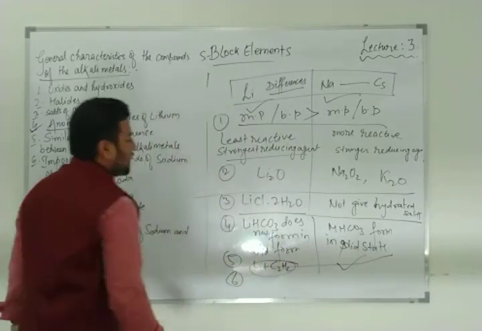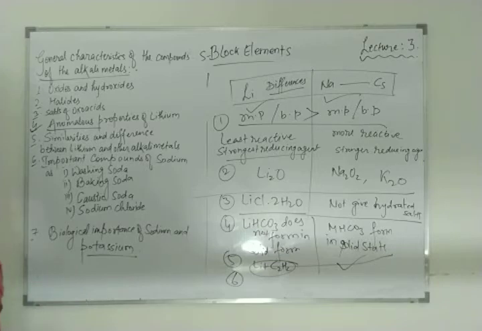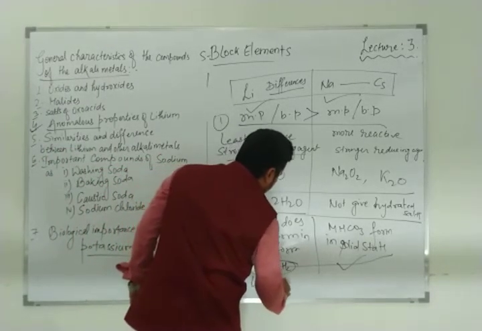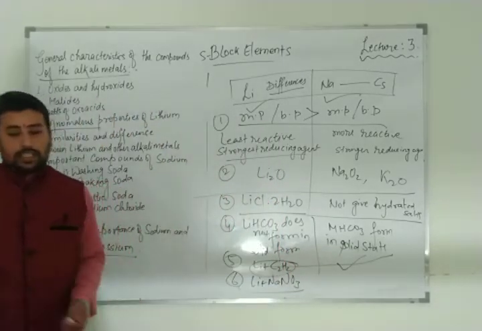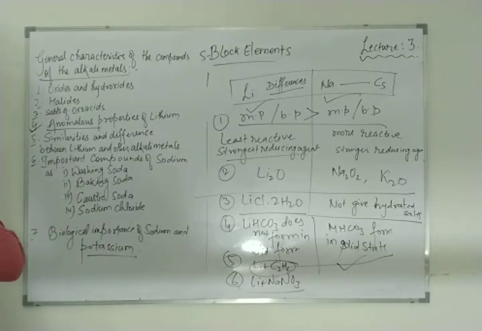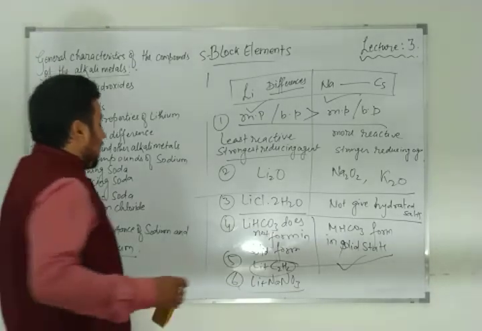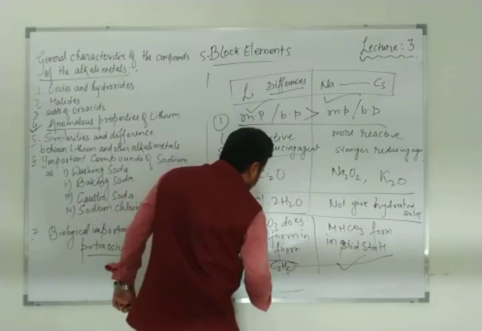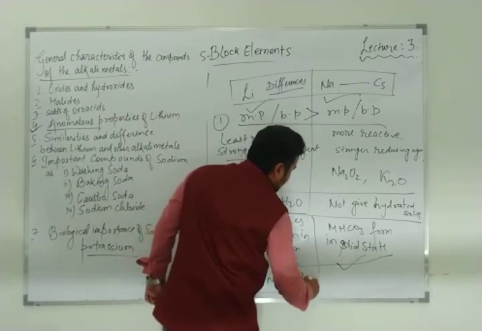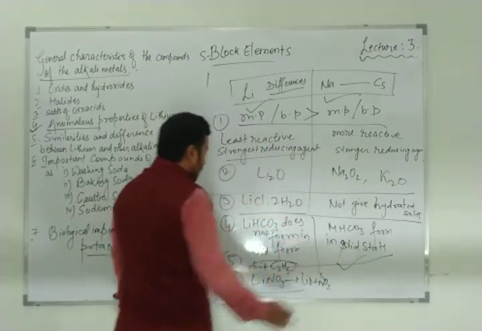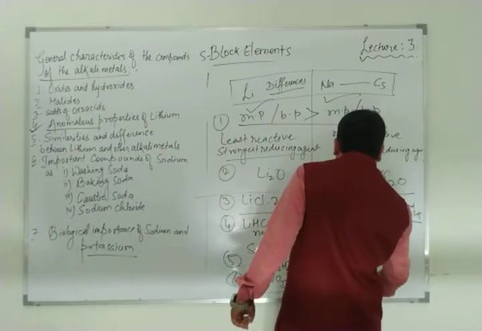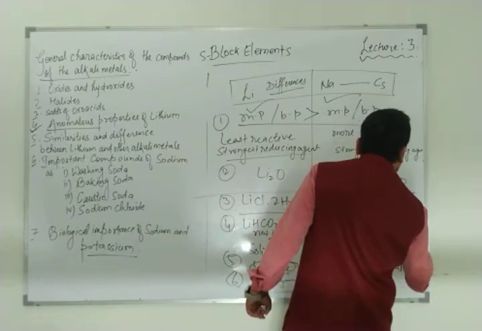Now the sixth property: lithium nitrate, LiNO3, when heated gives lithium oxide, NO2 and O2. But the others do not; for example, sodium nitrate, NaNO3, gives NaNO2 and O2.